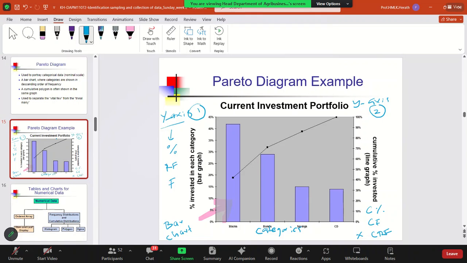This is what we get on the second y-axis, which is for the cumulative polygon. The cumulative polygon is depicted as a line. We can connect this here, right? So this is a cumulative polygon.